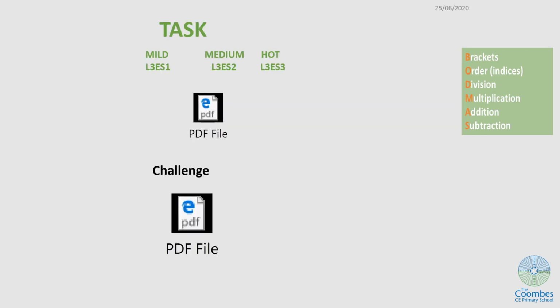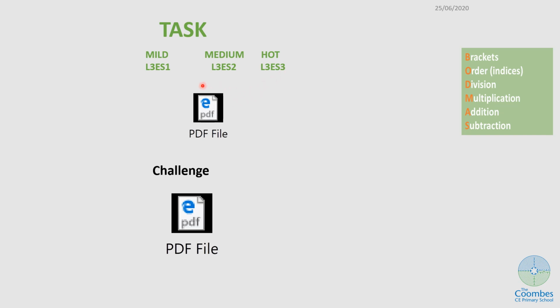So what I now want you to do is to pause the video and go and do the work. Now in here you will have the first sheet labeled L3ES1 is for mild, and then page 3 labeled L3ES2 will be for medium, and the work on page 5 will be for hot.